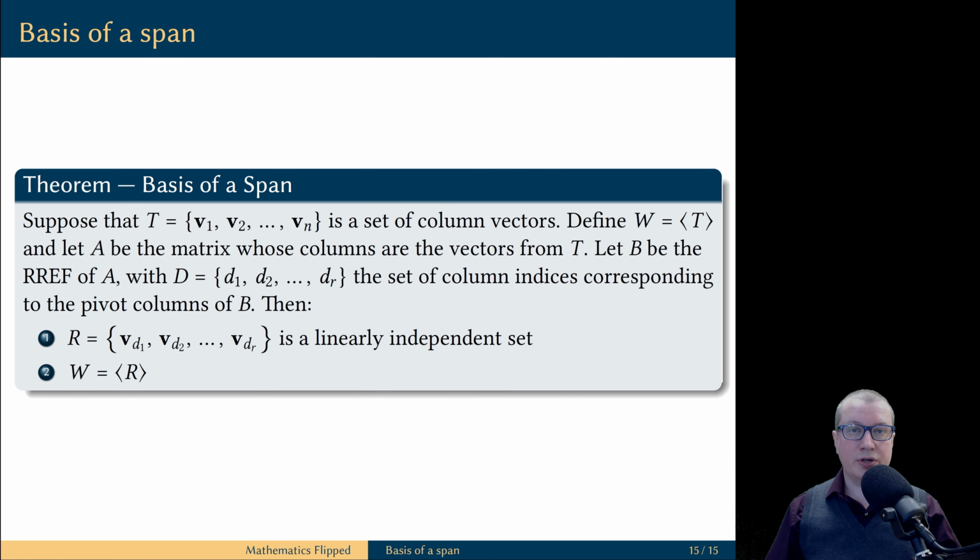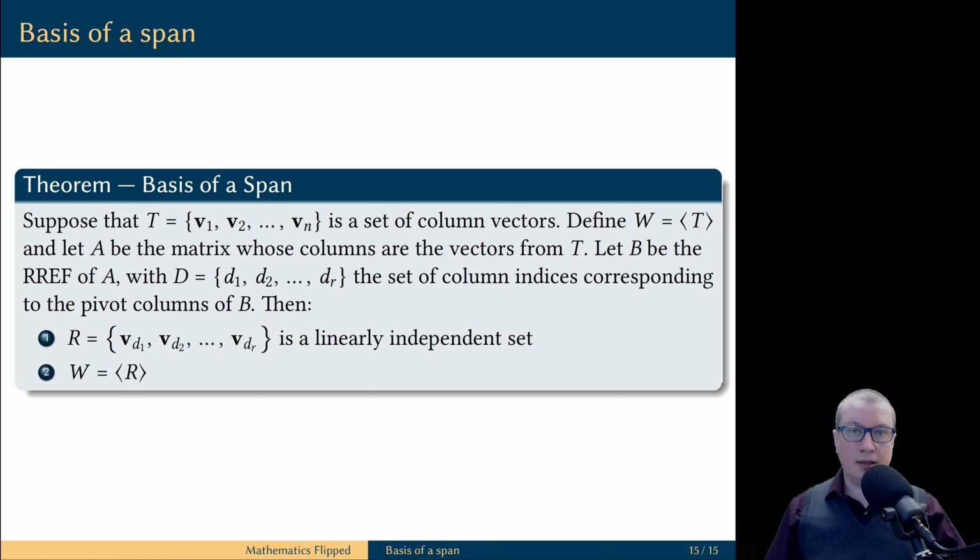Let's formalize our findings in the following general statement. Suppose we have a set of n column vectors. We construct the span W of this set of vectors, and we construct a matrix A using these vectors as columns. We look at the reduced row echelon form of this matrix, and we record the indices of the pivot columns in the reduced matrix.